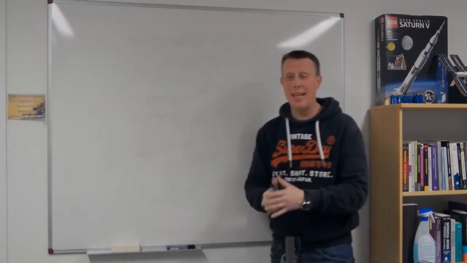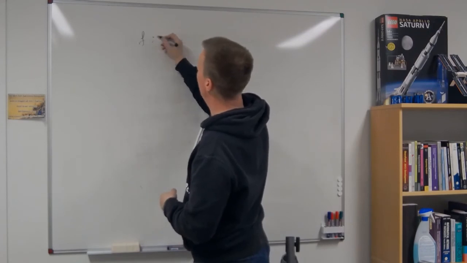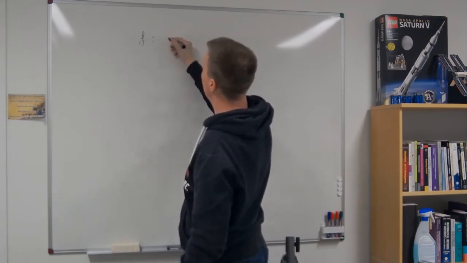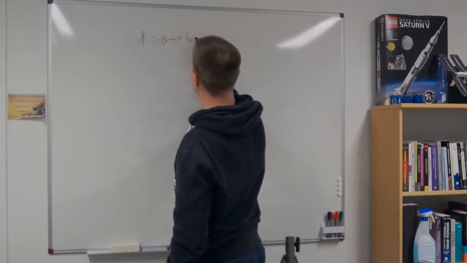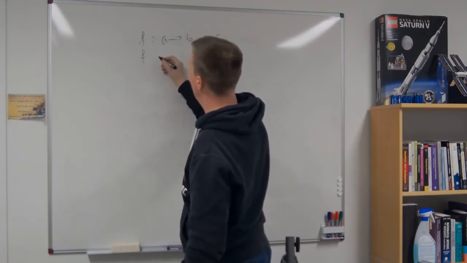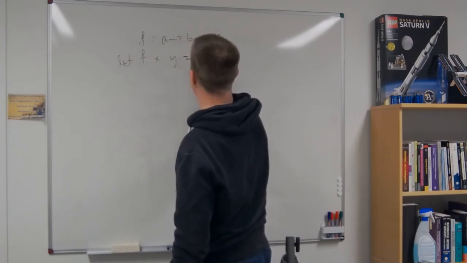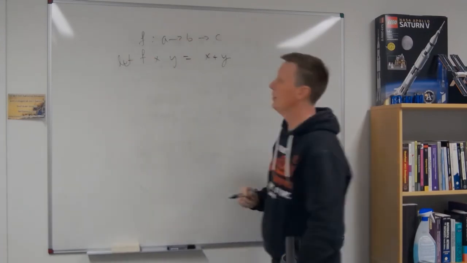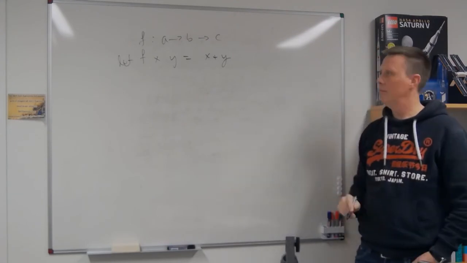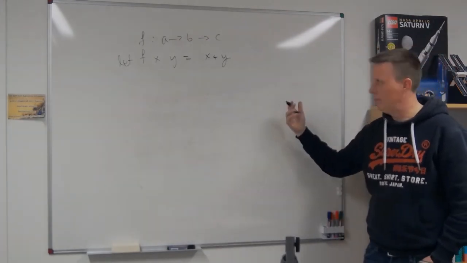All right, so let's see if we can do the uncurry instead. So uncurry takes a function. So now I'm going to do my f again, and f is going to be of the form a to b to c. So my implementation of f would be let f x y equals x plus y. And I want to convert this into a function which takes a pair.